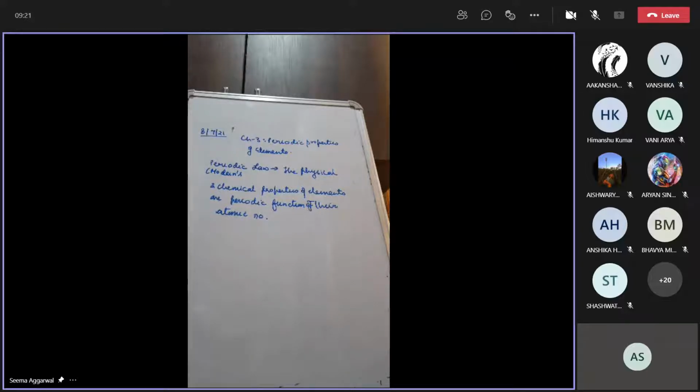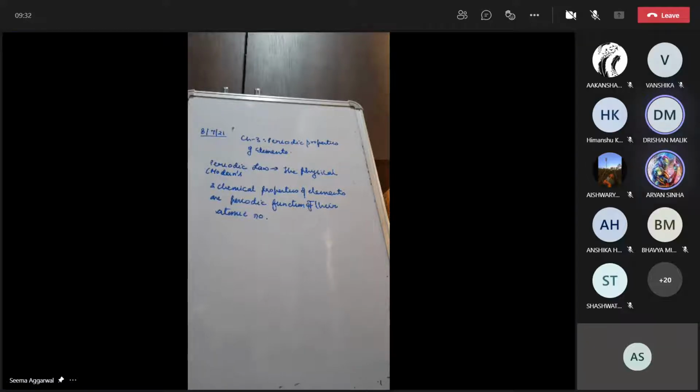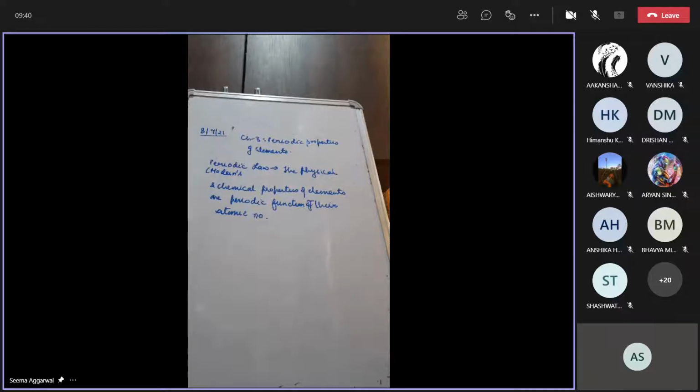Mendeleev's or modern? Modern one we can't say. All the ones other than the modern. Modern periodic table has no drawbacks.